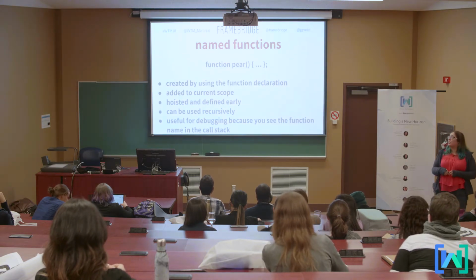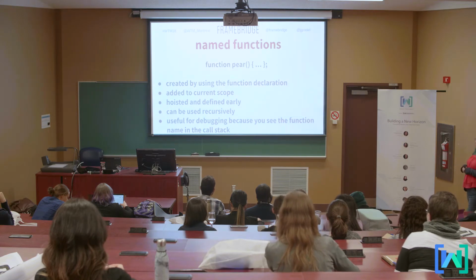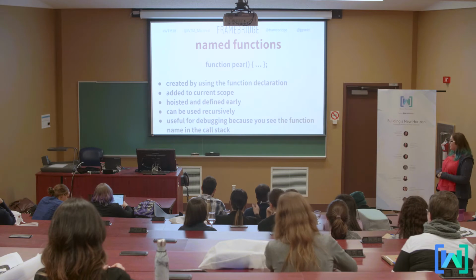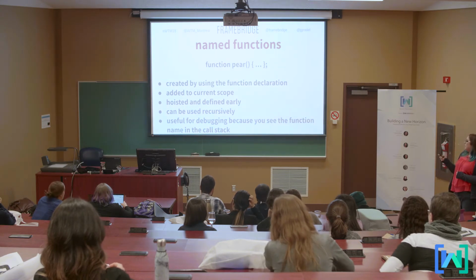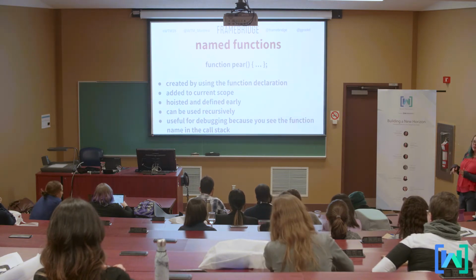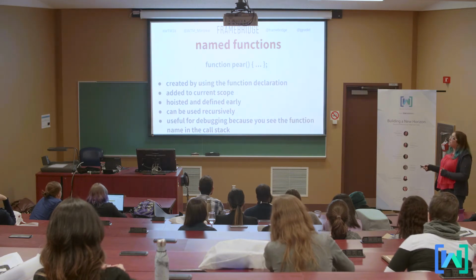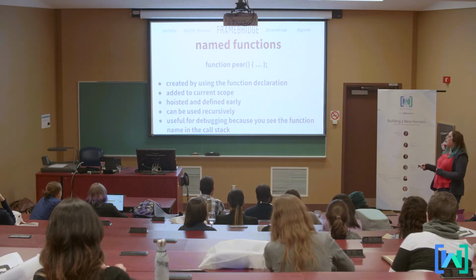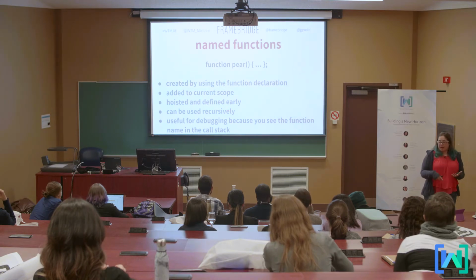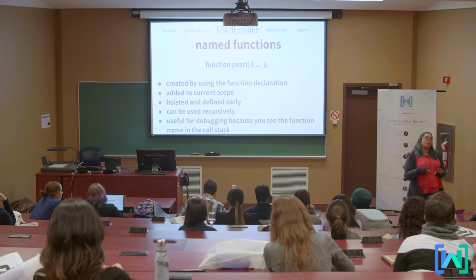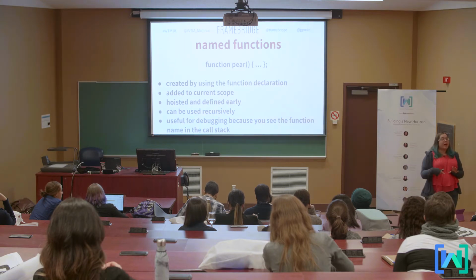So named functions. They're created using that function declaration, and they're added to your current scope, whatever that is. You don't have access to control where that will end up. They're hoisted and defined early, and they are defined differently. The browser will set them up, but it will not actually go through the code inside of them at that pass.